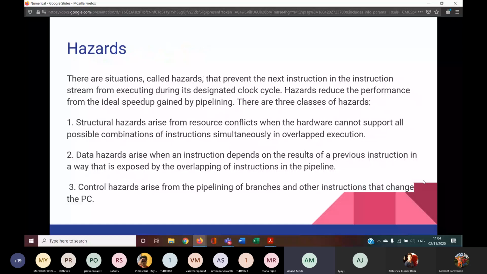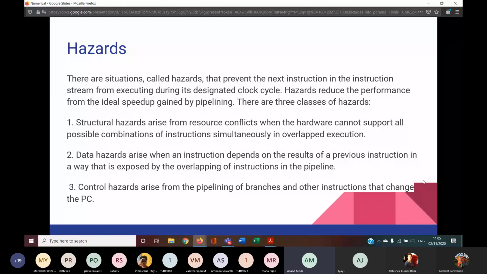Yeah, so of course there are a lot of hazards. In a pipeline, as you can imagine, as with a usual pipeline, there can be blockages and various issues. These are called hazards, and they prevent the next instruction from being executed during a cycle. They cost a lot as they halt the process, so we don't get a speedup gain. There are mainly 3 hazards.